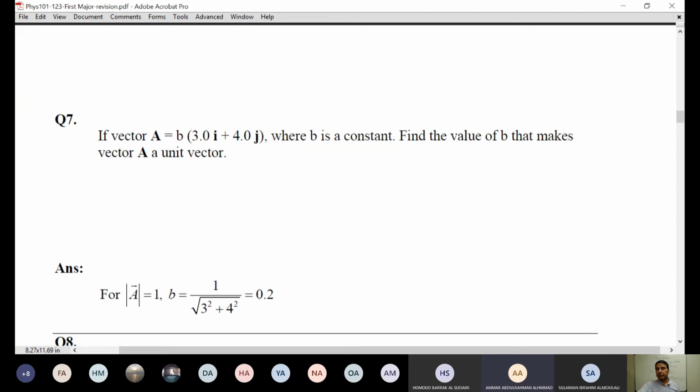The definition of a unit vector is that it has a magnitude of 1. It only shows us the direction, and its magnitude has to be 1.